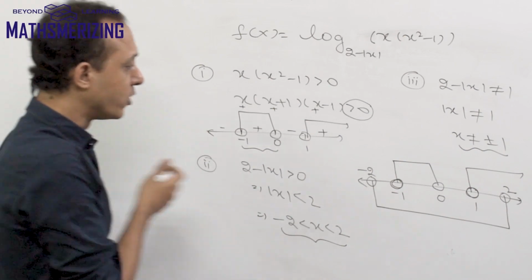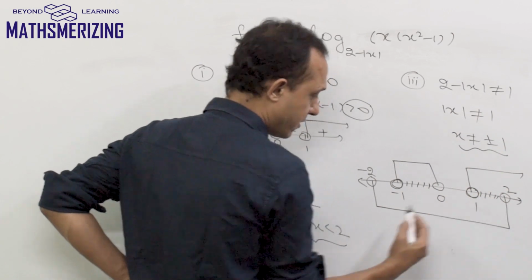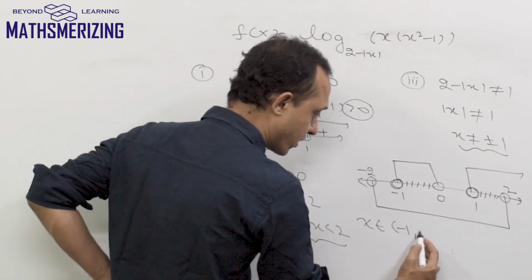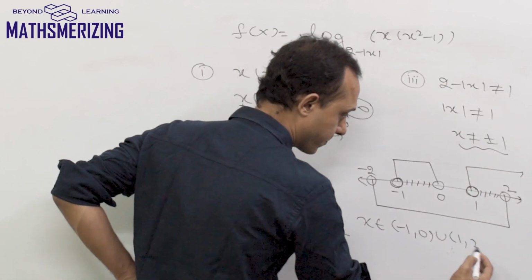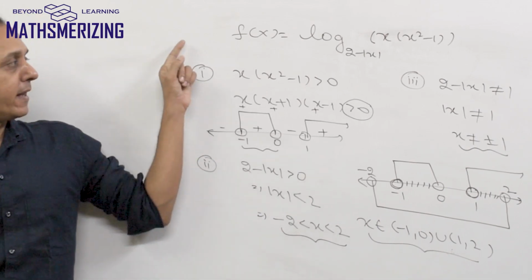The region which is common to all three conditions is this one and that one. So the domain of this function is from minus 1 to 0 union 1 to 2. This is how we can find the domain of any logarithmic function.